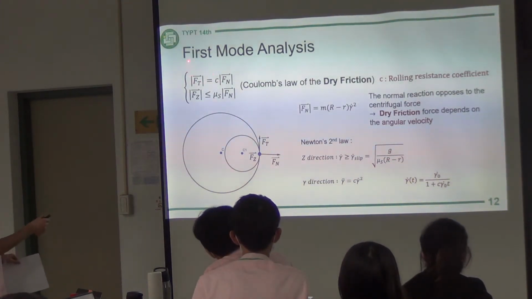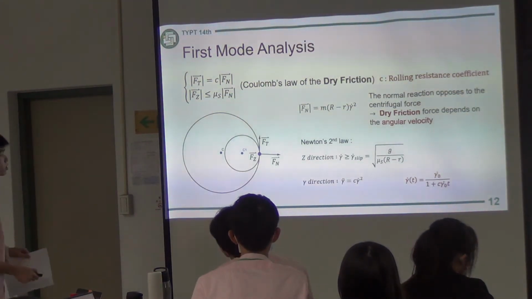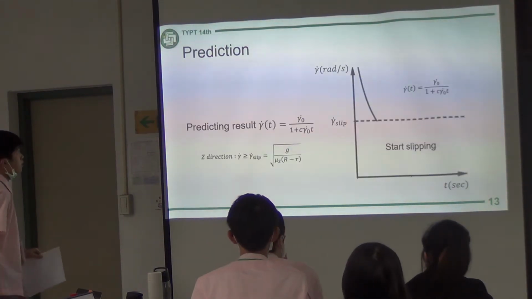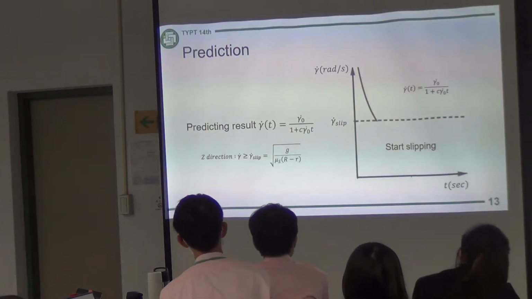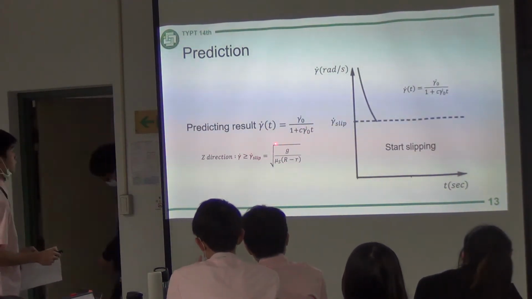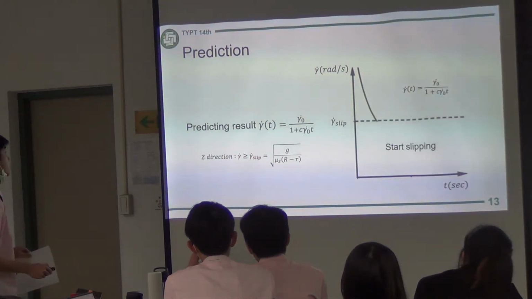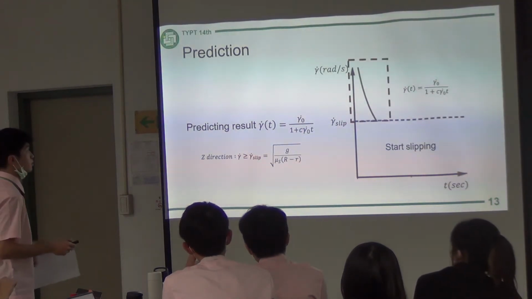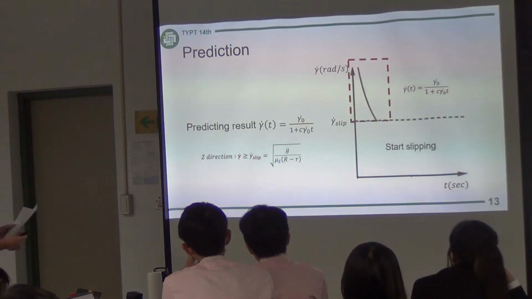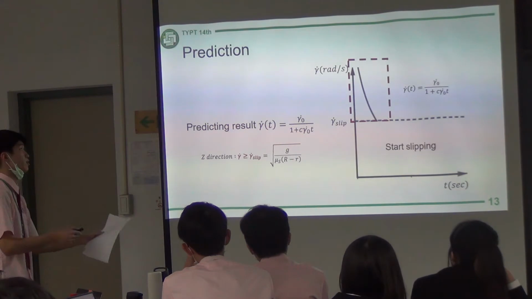And in the first mode, the washer won't slip on the rod, so gamma dot will be bigger than gamma dot slip. So this is our prediction of the washer's angular velocity. So our threshold is that gamma dot slip is equal to this value, and this part is the function of the motion we predict the washer will tend to follow.